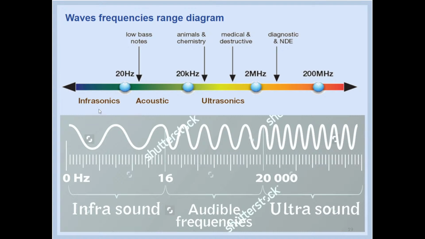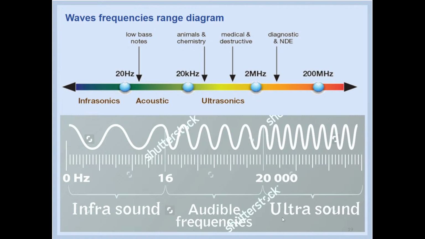Infrasound is the set of mechanical waves of frequencies from 0 Hz up to 16, 20, something like this, Hertz. Sound is the set of mechanical waves with frequencies from 20 Hz up to 20,000 Hz.